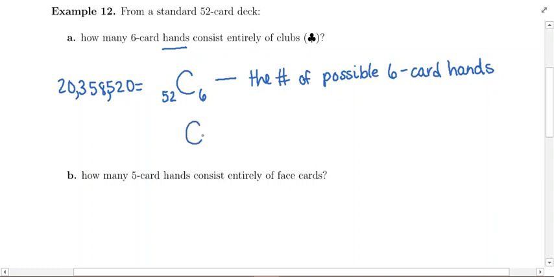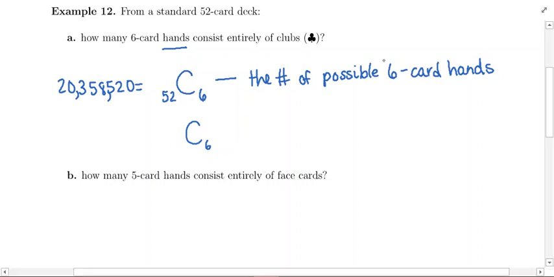You're still going to have a hand of cards, and it's still going to be a 6-card hand, so it's still going to be a combination where we're choosing 6. But to keep in line with this hand consisting entirely of clubs, we're not going to be choosing from the entire deck. We're only going to be choosing from the clubs.